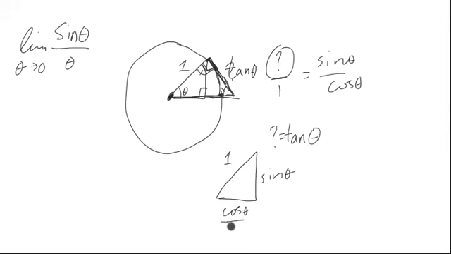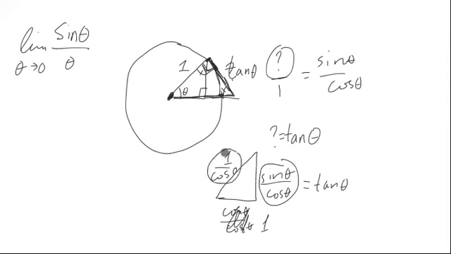So it looks like we've divided everything by cosine. So this part is just tangent, this is just 1, and this part right here, the hypotenuse of the big triangle, is secant.